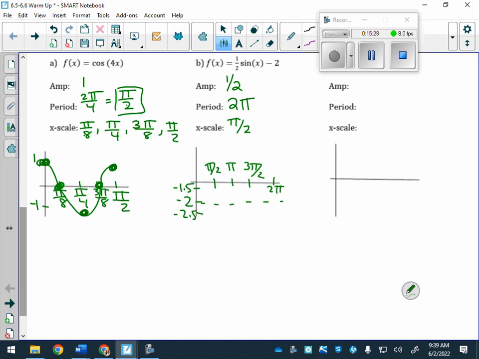Where does the sine function start? -2. Then where do we go? Up, good. And then back to your midline. That's your F.